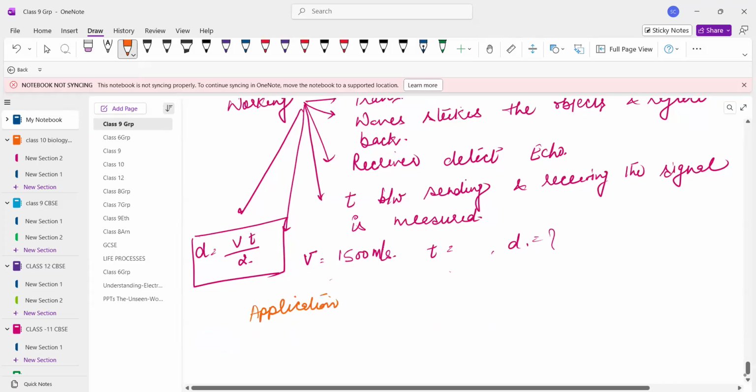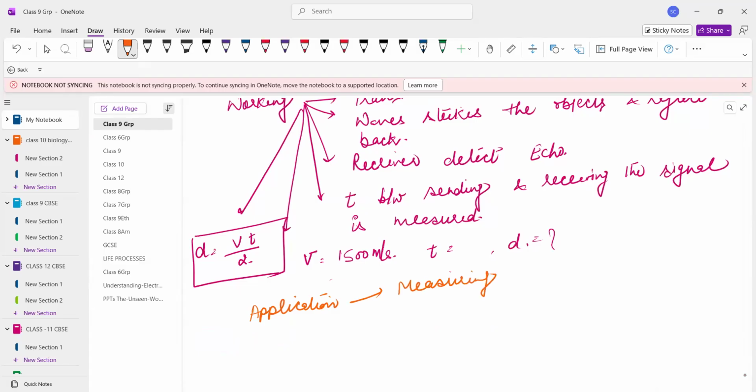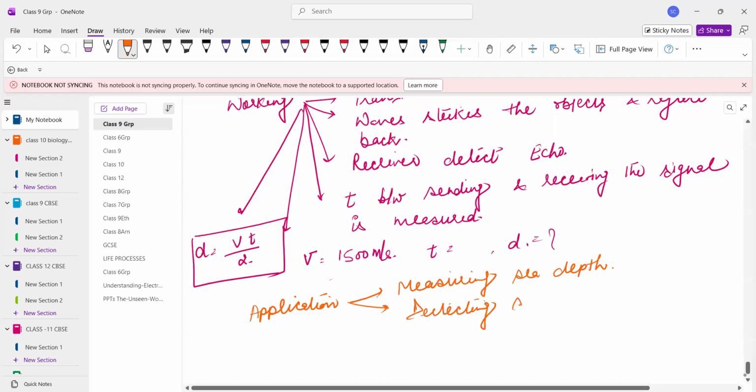Now, what are the applications where we are using sonar? Basically, we are using it for measuring the sea depth. We are also using it for detecting any submarine, and for navigation.